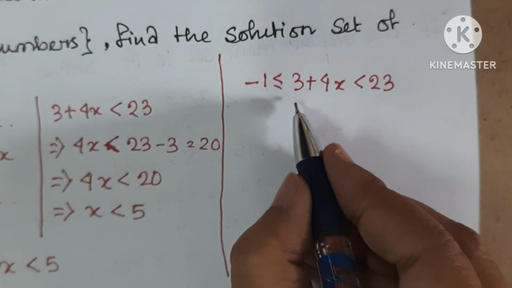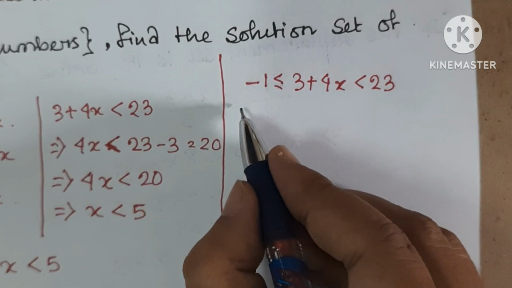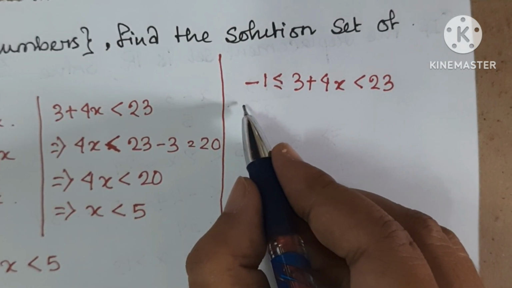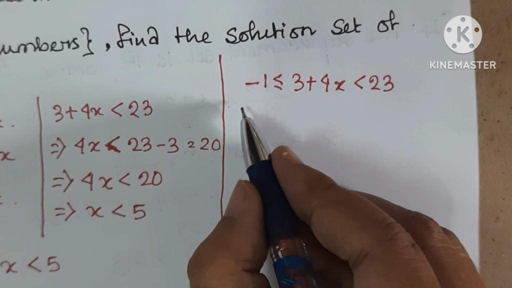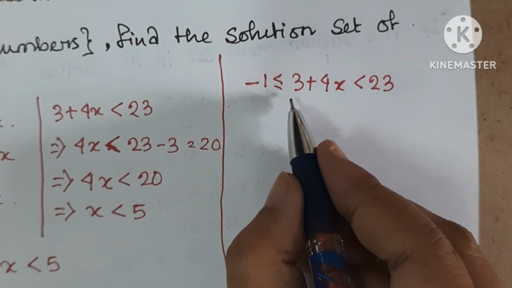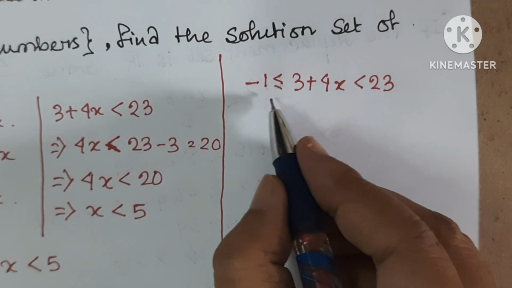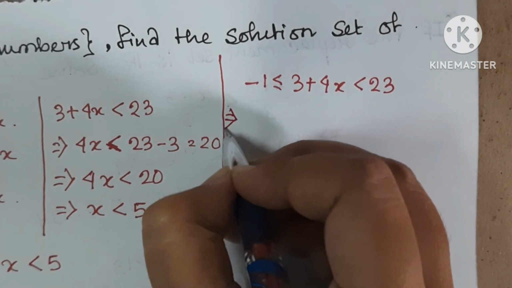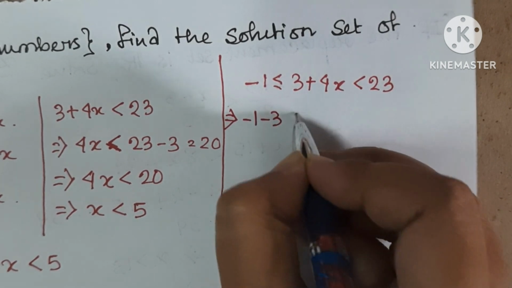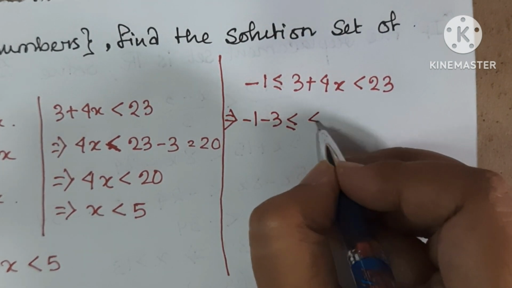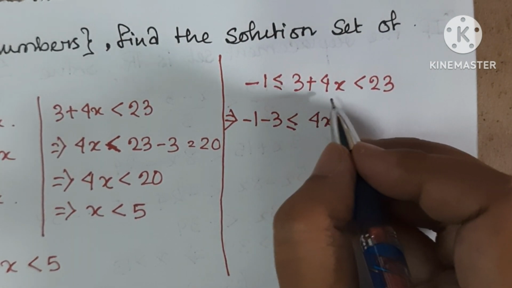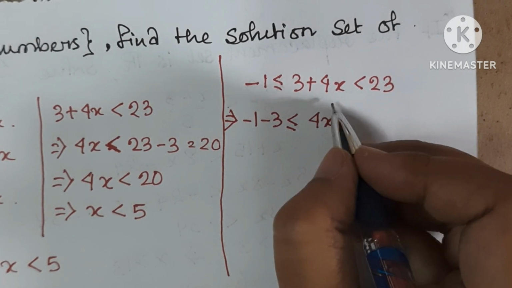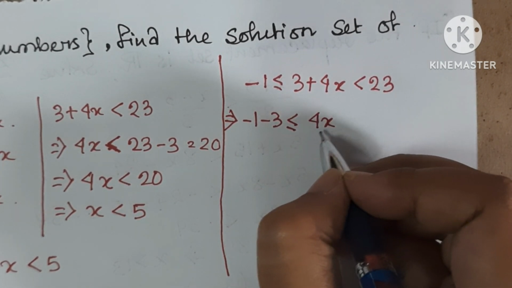So here your first step is you have to subtract 3 from all three terms. Okay, so what will be the next step? Minus 1 minus 3 less than or equal to 4x, because 3 plus 4x, if you subtract 3, you will get 4x only.